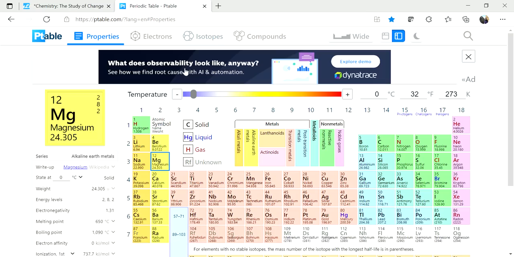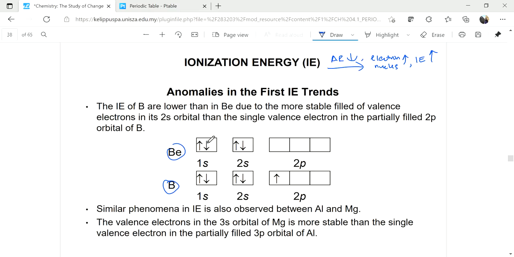In the periodic table, beryllium comes first and then is followed by boron, so supposedly the ionization energy of boron is higher than the ionization energy of beryllium.